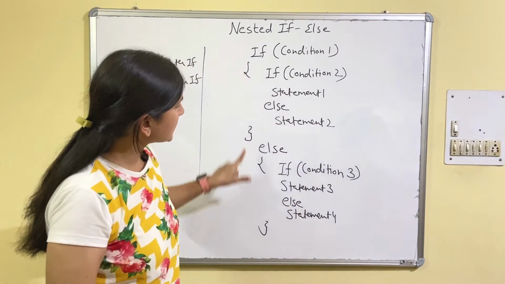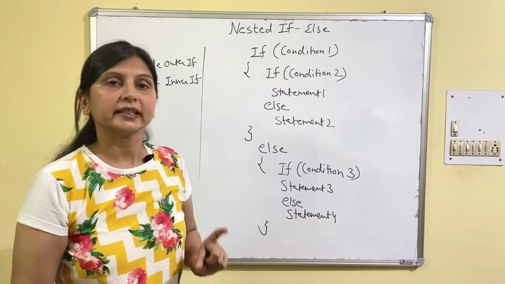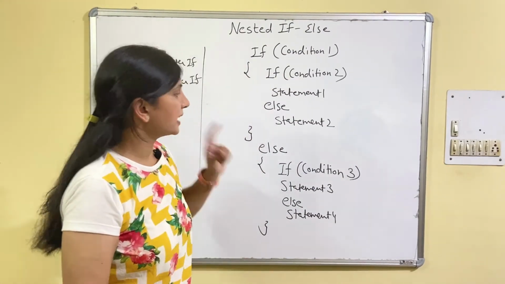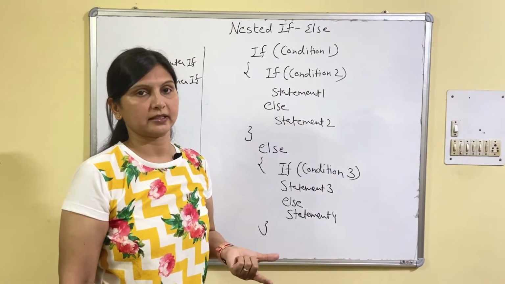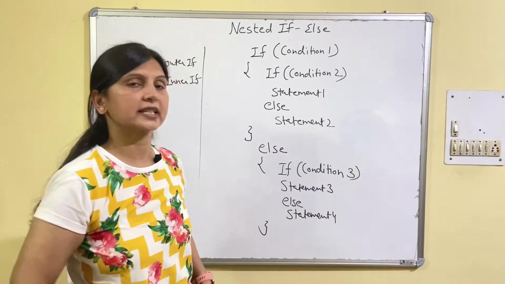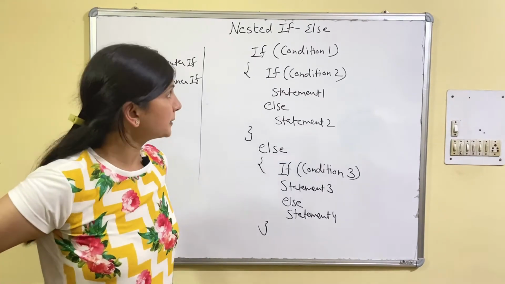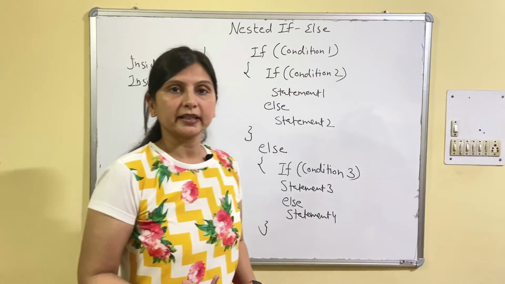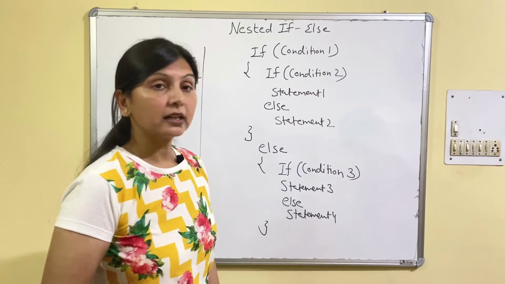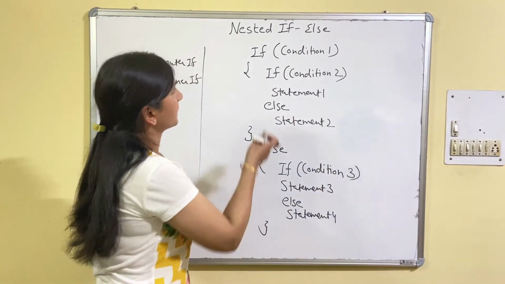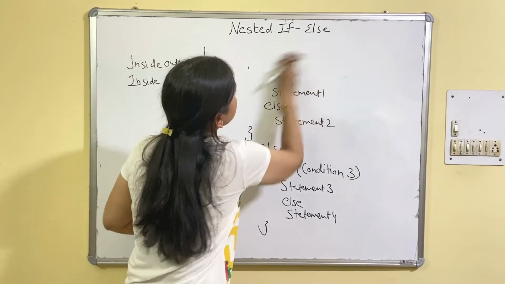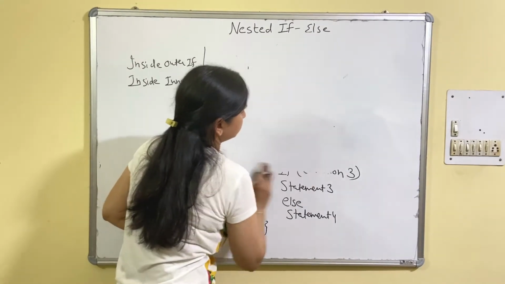So this is the syntax of nested if else, when one if else is present inside another if else. This is called the case of nested if else. I hope it is clear. Let's make it more clear by making a simple program for nested if else.